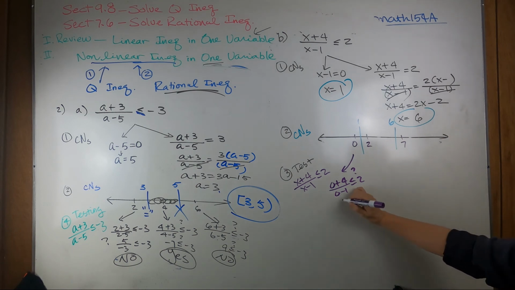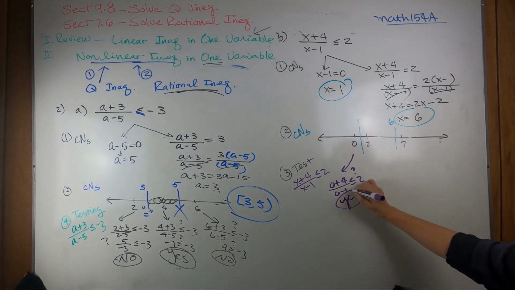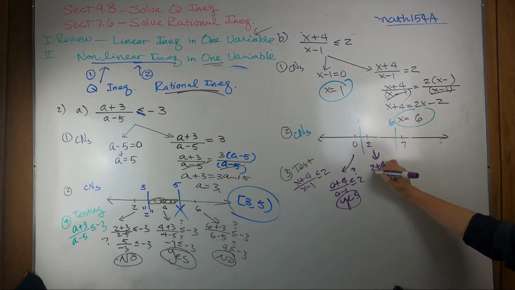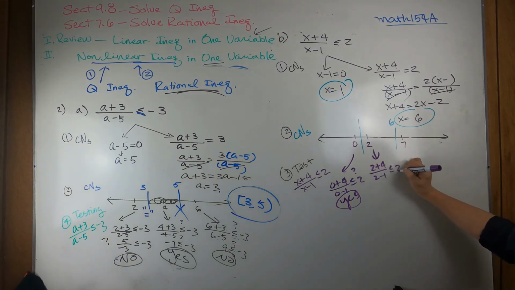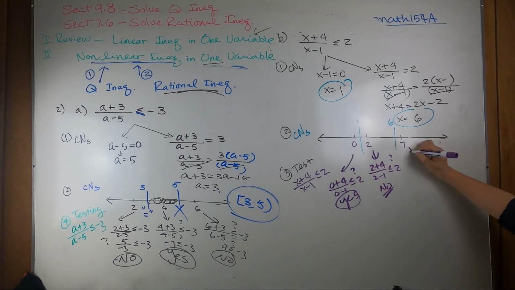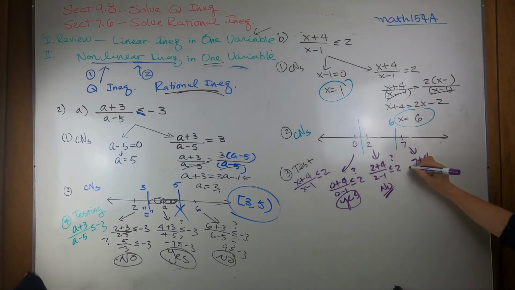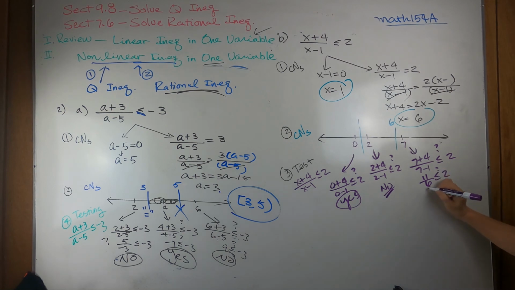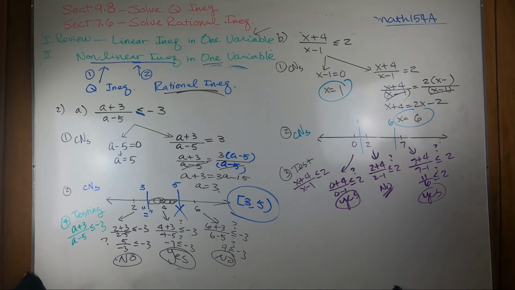That's negative, so it's yes, right? If it's 2, I have 2 plus 4 over 2 minus 1, 6 over 1, 6 less than 2? No. Then how about 7? 7 plus 4 over 7 minus 1 less than 2. That's 11 over 6 less than 2. Yes, less than 2. You can just use a calculator and find the decimal.